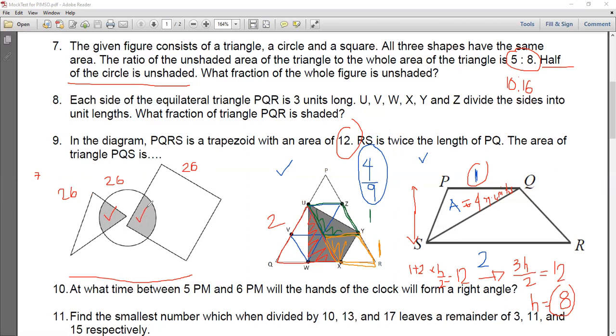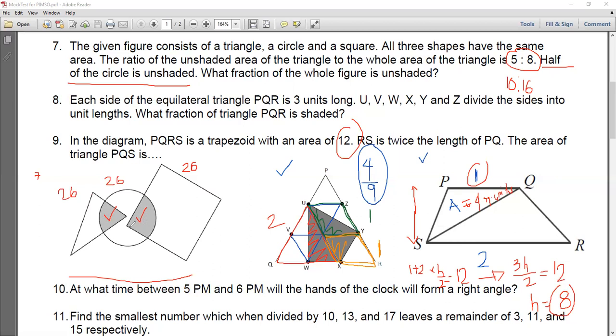The question now is, what fraction of the whole figure is unshaded? So what you do here is, wait lang. If that is 13, so it means that, let's get the fraction of the unshaded, or of the shaded figure.